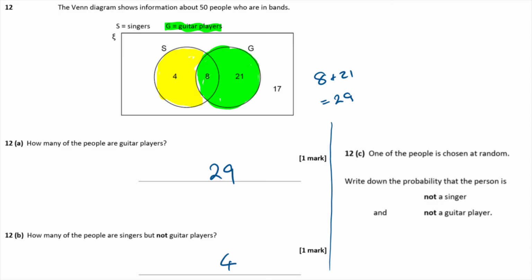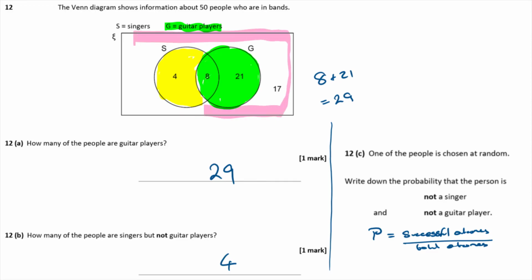Well, probability is successful outcomes divided by total outcomes, isn't it? The people who are not singers and are not guitar players are the people outside both those circles, isn't it? Okay, so it's anybody outside those 2 circles, which is 17.